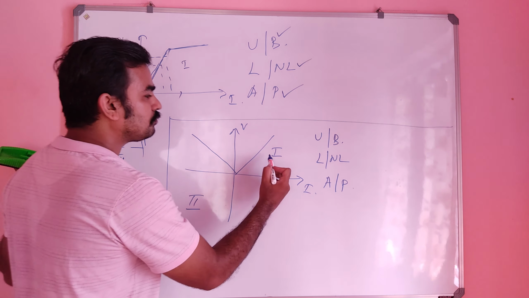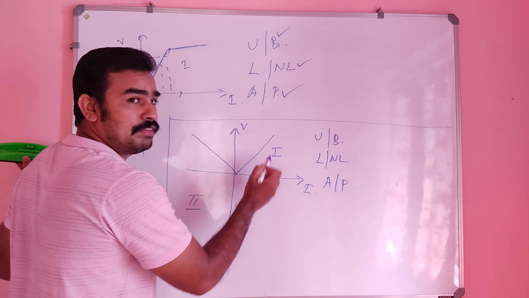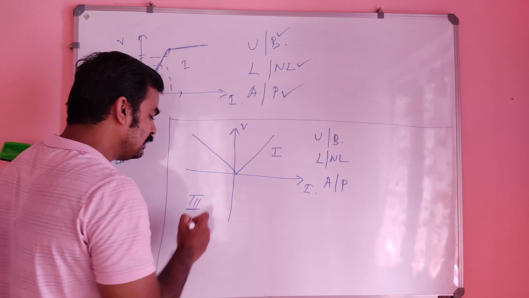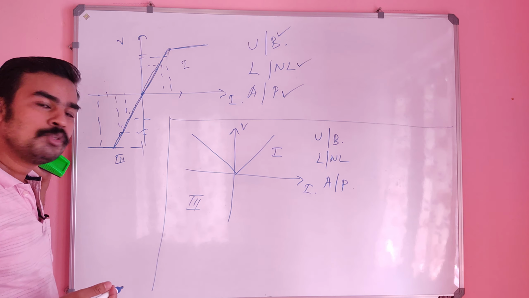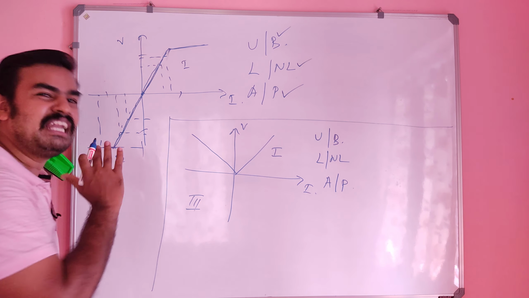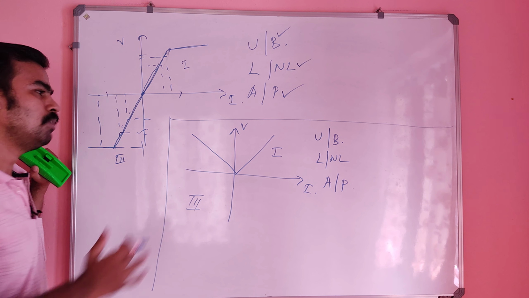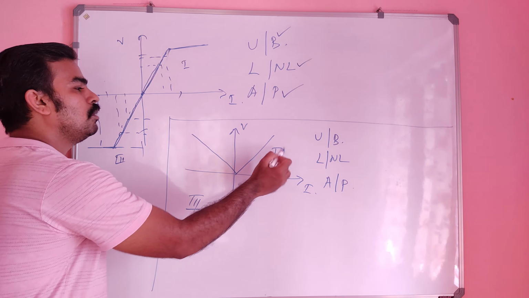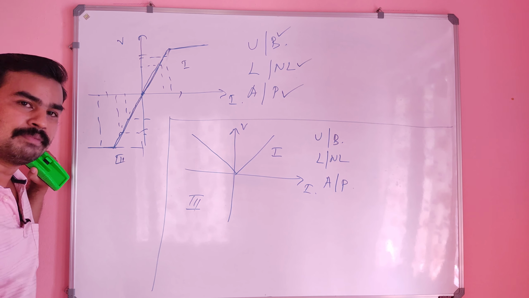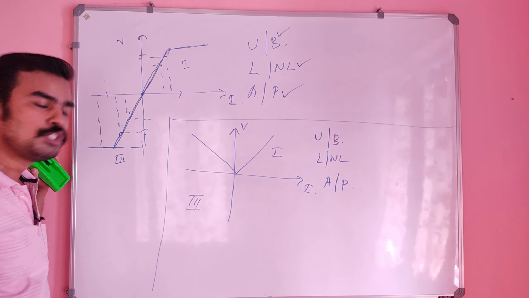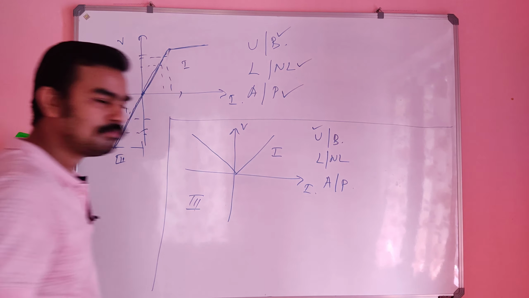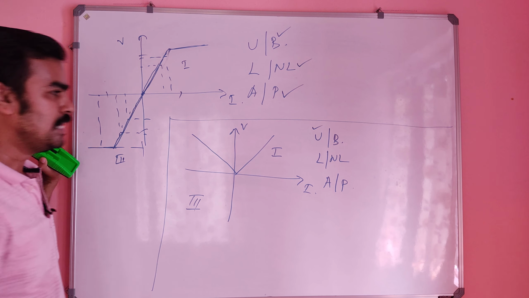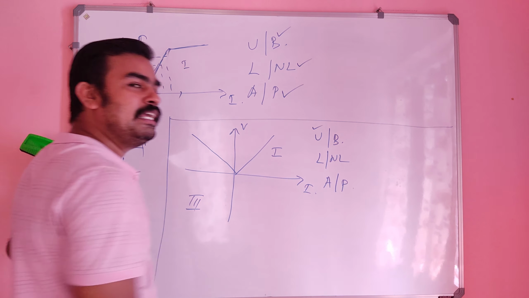But here, see, in the first quadrant there is a portion of the graph, but in the third quadrant there is no graph. So these will not look similar, and this will not be the mirror image of quadrant 3. So this is of course the condition for unilateral. It is not bilateral.